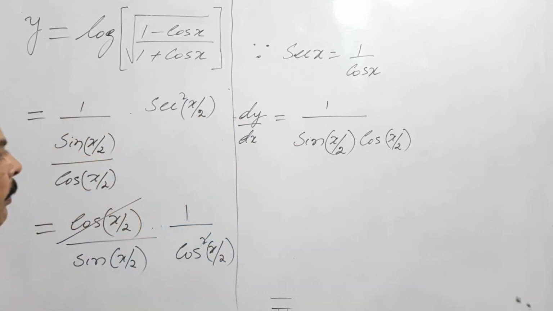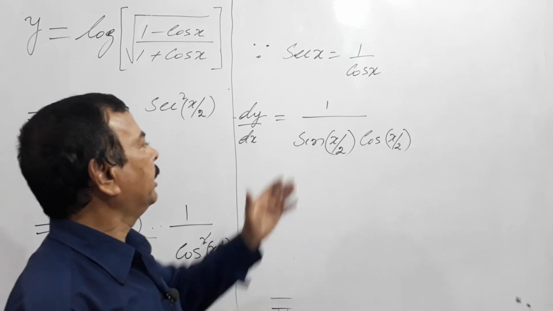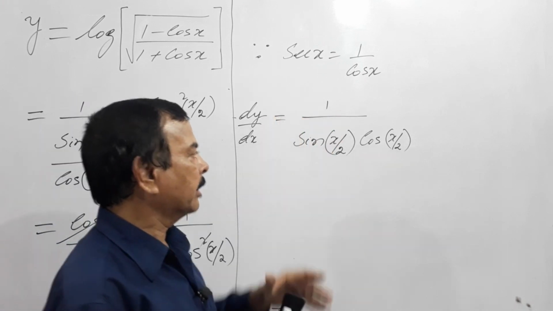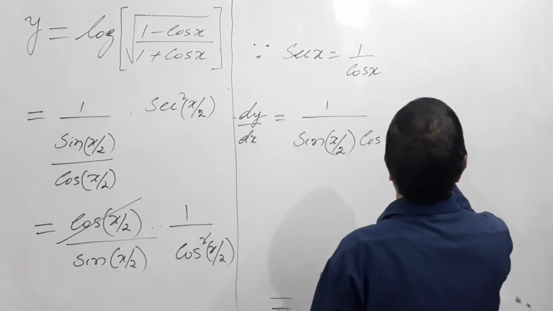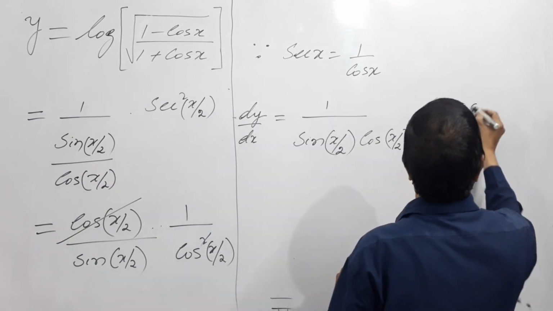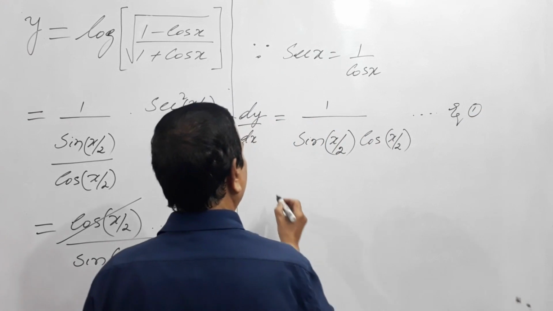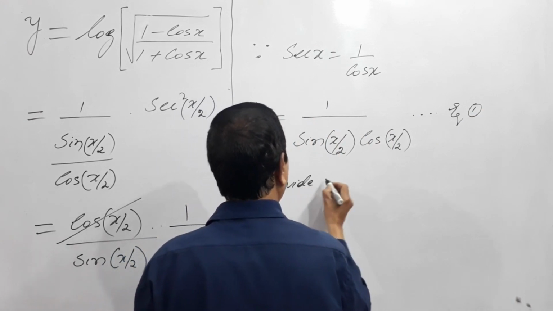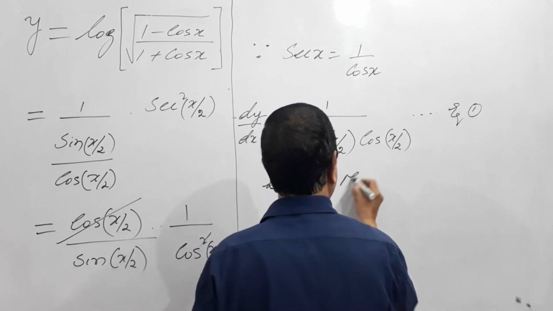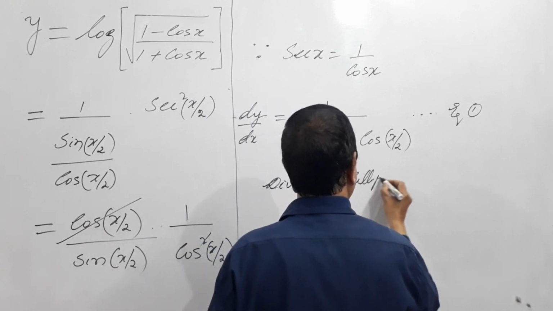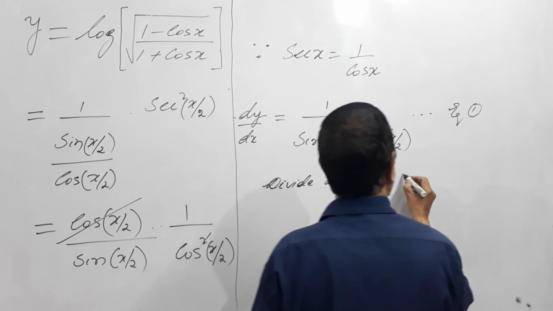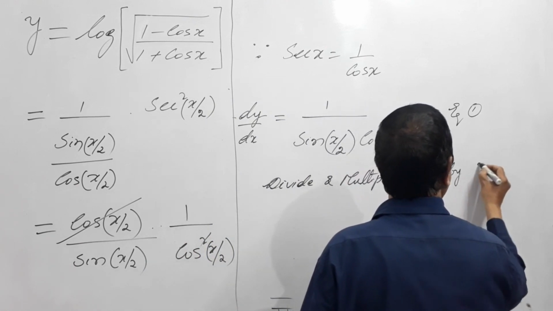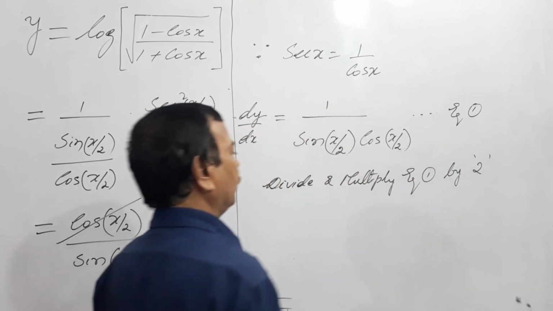I call this equation 1. I will divide and multiply equation 1 by 2.